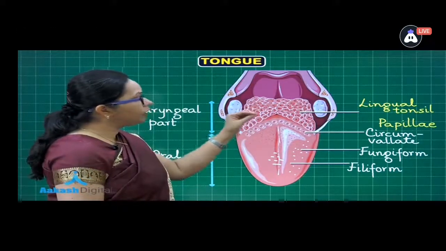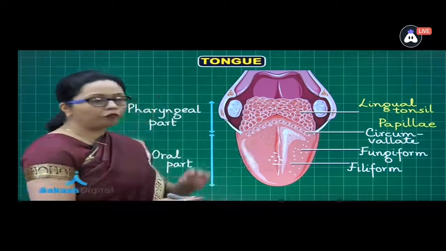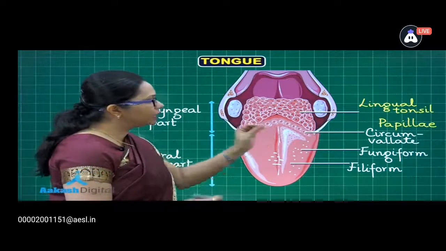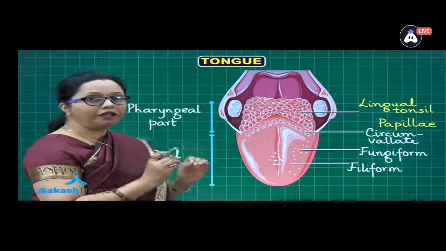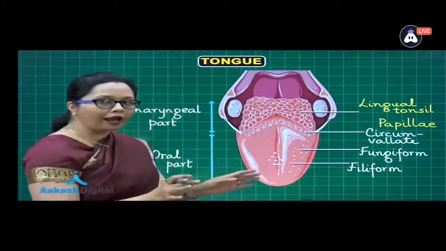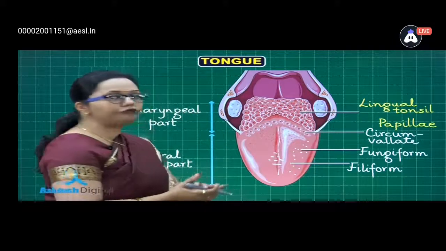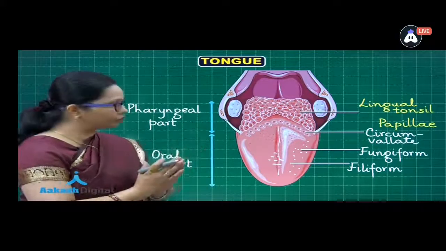Now, if we take the microscopic structure of these papillae, what we will find is that these papillae have taste buds. Not all of them. The filiform papillae don't have any taste buds, but circumvallate and fungiform papillae have taste buds.